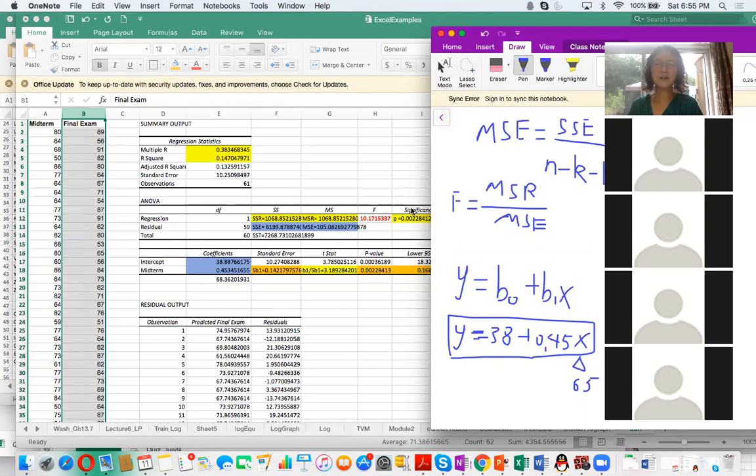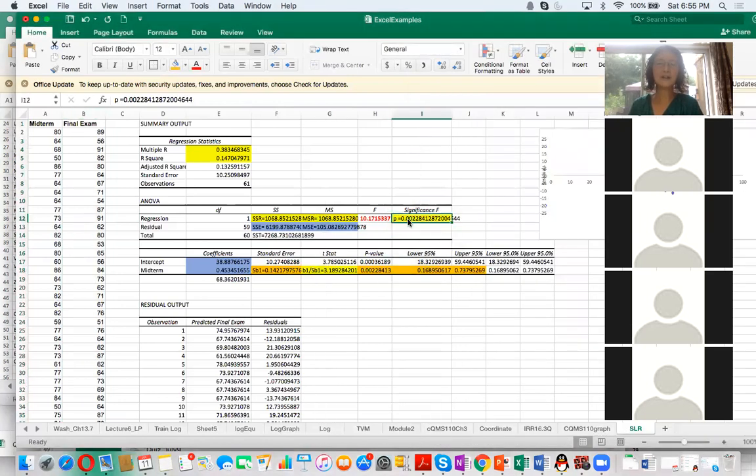We draw the conclusion based on the p-value method. The p-value is smaller than alpha, so there is a significant relationship between X and Y. Next, we are going to use standard statistical terminology to illustrate the hypothesis test for the slope.